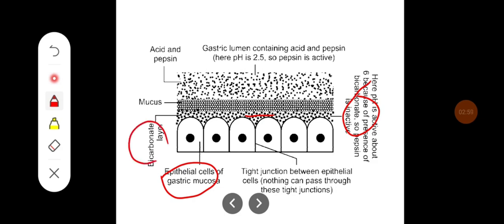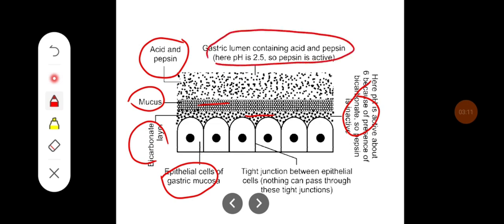Then you have a mucus layer, and then you have an acid and pepsin mixture, above which you have a gastric lumen containing acid and pepsin. Here the pH is around 2.5, and pepsin is very active in this layer. The epithelial cells form tight junctions between them, and nothing can pass through these tight junctions.